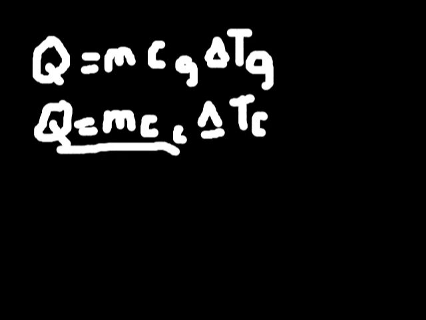Well, if we set these two equations together, we're going to get something like, oh, sorry, I forgot to put the g right here and the c right there. So we get something like mg Cg delta Tg.